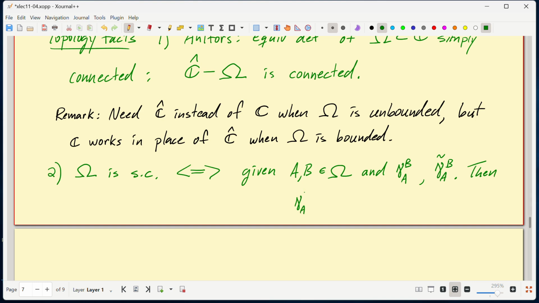Gamma AB is homotopic in omega to gamma AB twiddle.